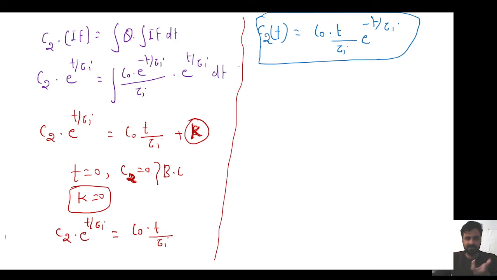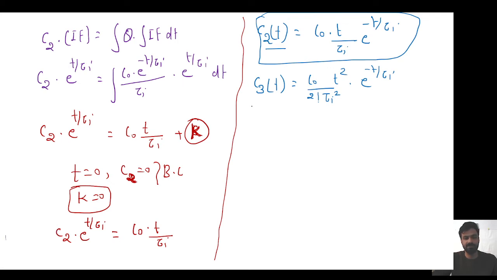Now you will have to understand there is a recurrence relation between the outlet concentrations of every reactor. So I am writing the recurrence relation. If you write C3(t), you will be getting C naught upon factorial 2 tau I square t square e to the power minus t by tau I. So you can understand the relation.